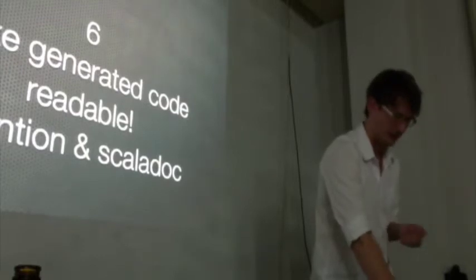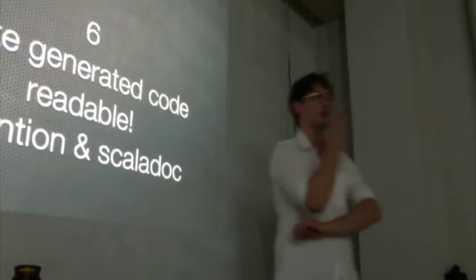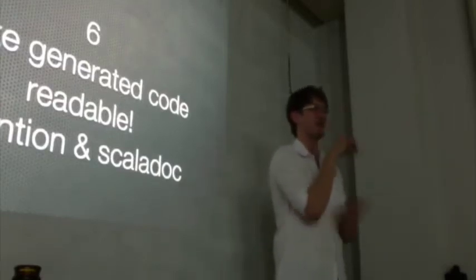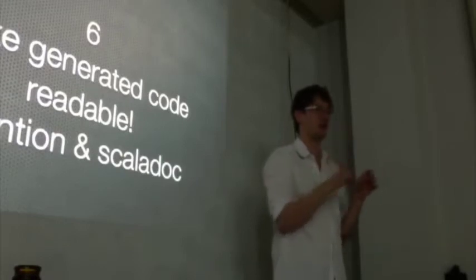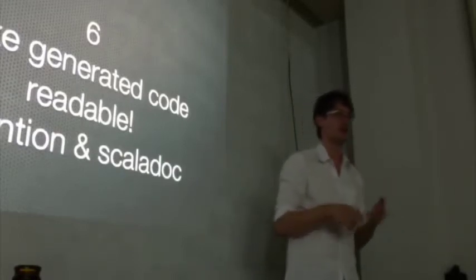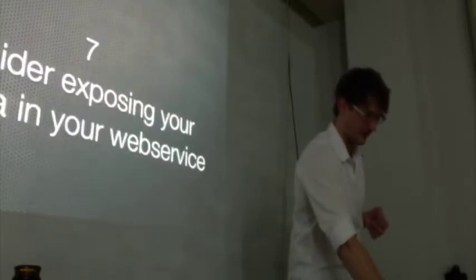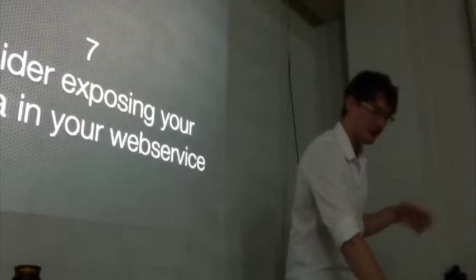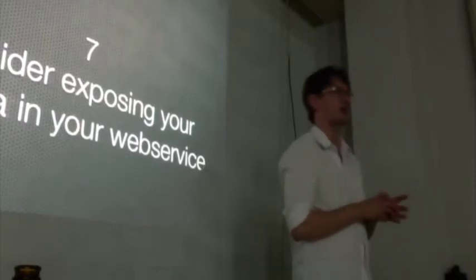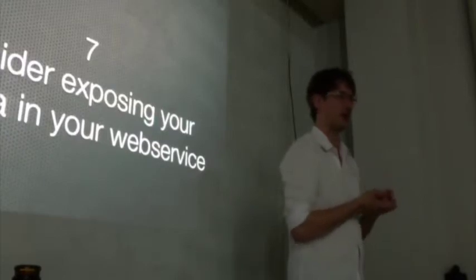Yeah, make the generated code readable. You can even generate some Scaladoc for your members that also tells you which database table it maps to and what the properties of the database column are. So you can actually leverage that. Something you could consider is exposing part of your data model, or the schema representing it, using a web service.